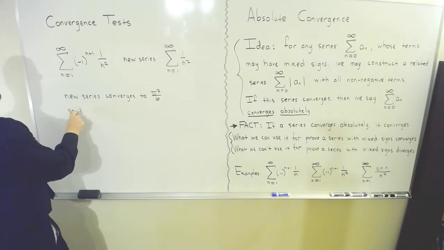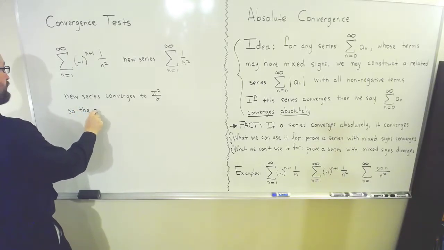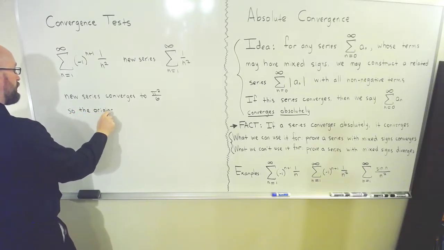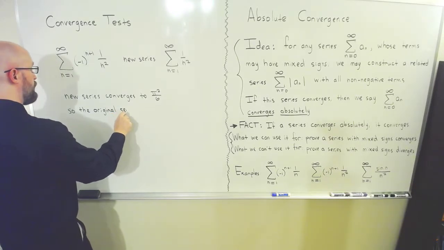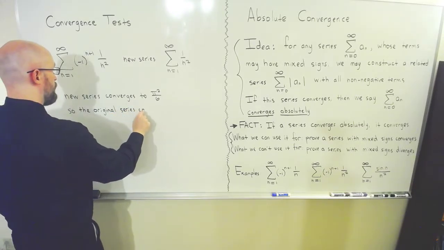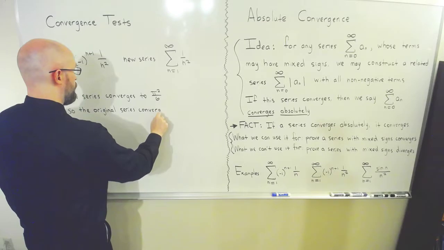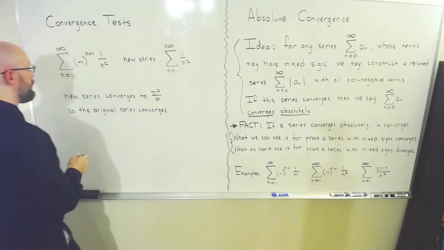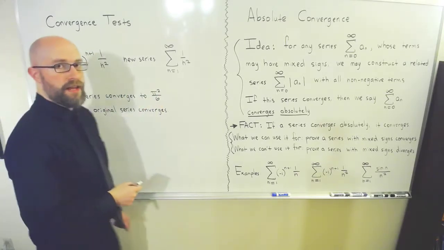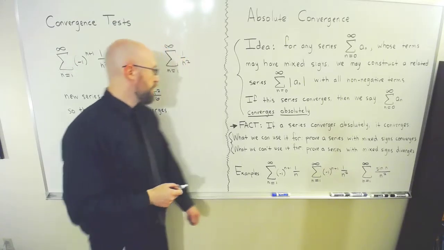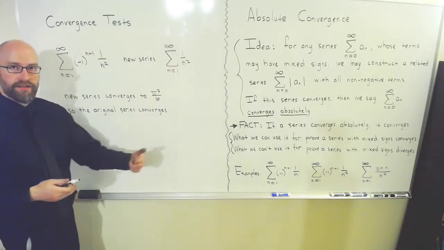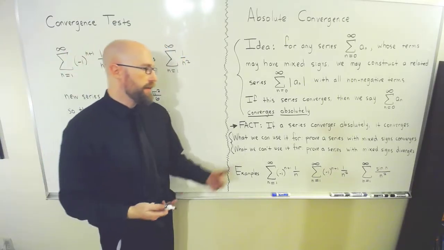So the original series converges. Now this doesn't tell us what it converges to. Remember, actually finding the sum of a series is a much more complicated and difficult problem.